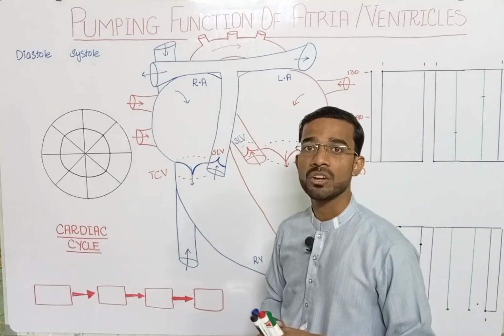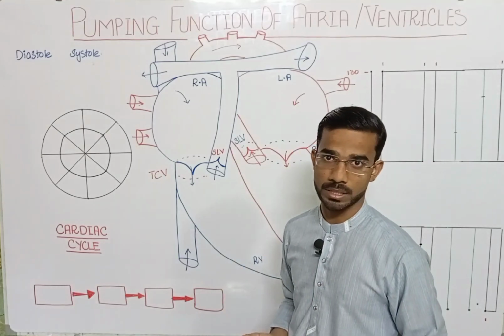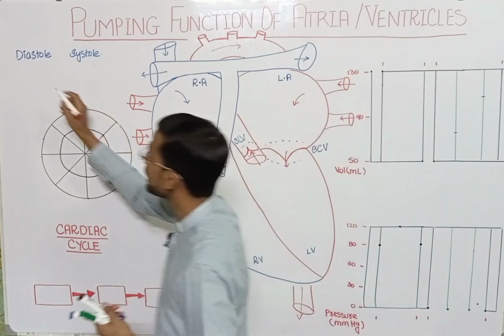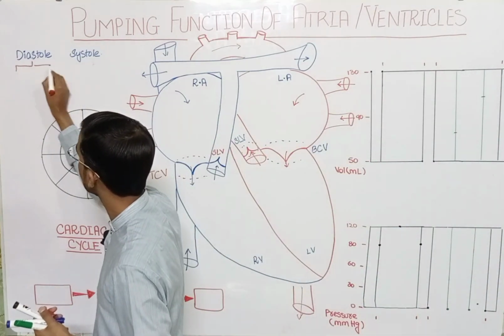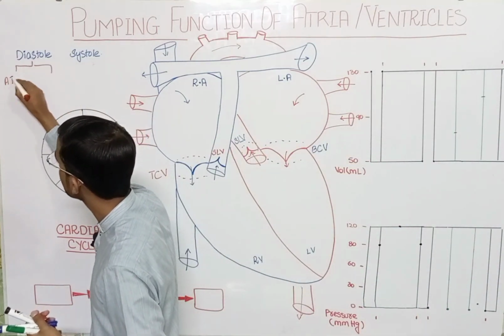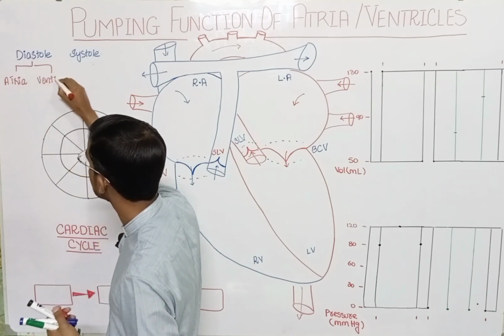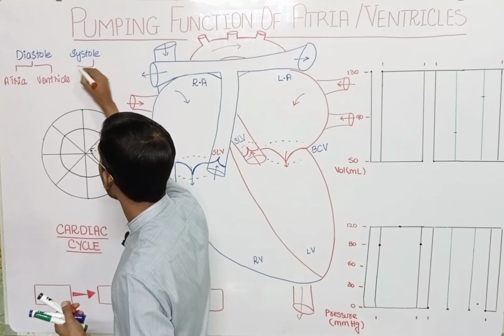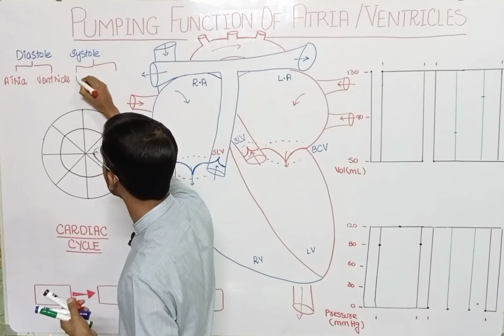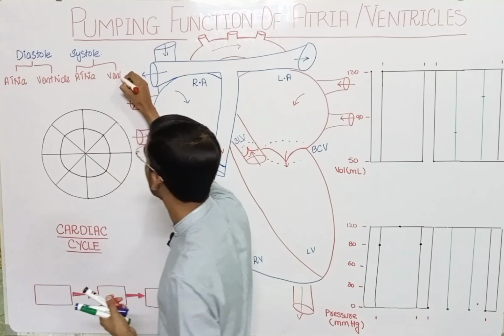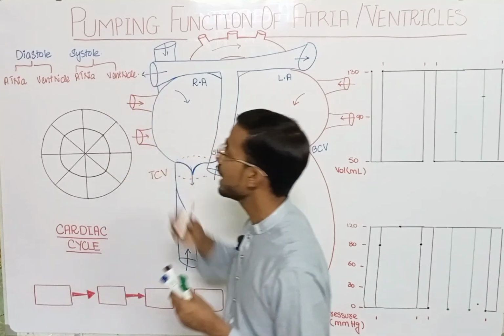Systole is the contraction phase of the cardiac muscles. We divide the diastole into atria and ventricle, and we also divide the systole into the atria and ventricle.